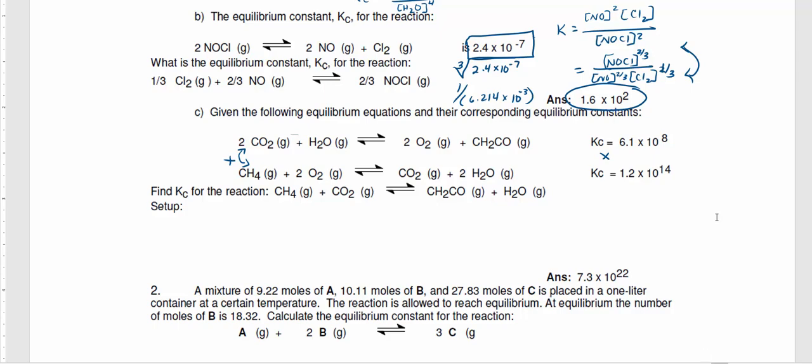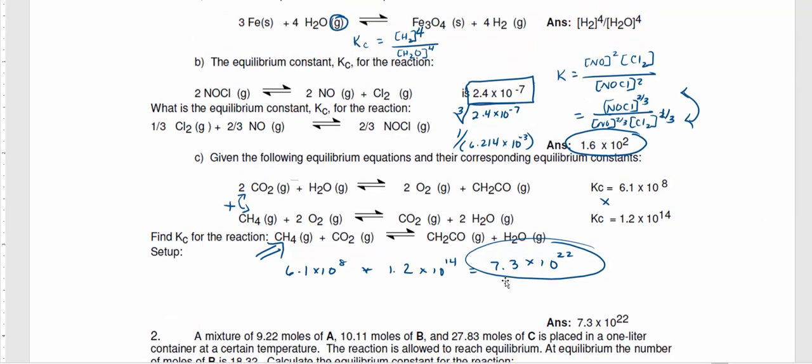When we multiply these Kc's together, so that's 6.1 times 10 to the 8th, and we're going to multiply that by 1.2 times 10 to the 14th, then I get 7.3 times 10 to the 22nd. And that is the new Kc for this reaction, built from the parts.